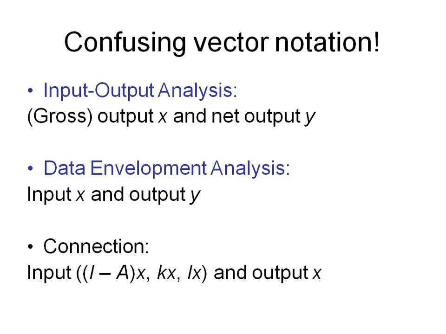The intermediate inputs are gross output X minus AX, and the capital inputs would be KX and LX.